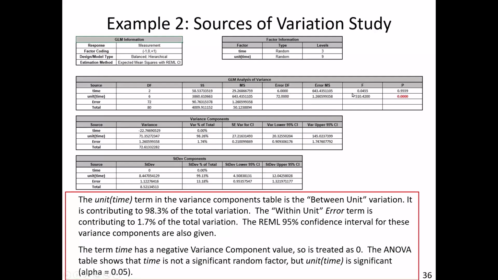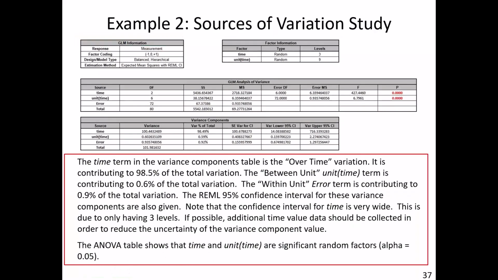And you can see here that unit is significant. So again, this helps you to say, where are you going to focus your improvement effort? Well, in this particular case, it's the unit-to-unit variation that needs to be focused on, and the root causes associated with that particular source of variation.